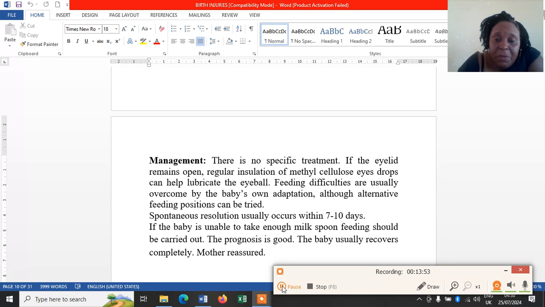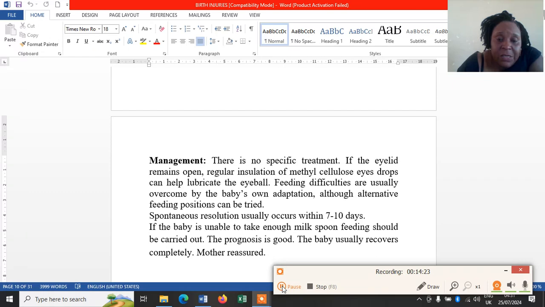And then if this baby is having difficulty gripping the nipple, this baby is having feeding difficulties, and can be helped with alternative feeding, either by use of a spoon, and if it is very difficult, we may be coerced to pass a nasogastric tube.